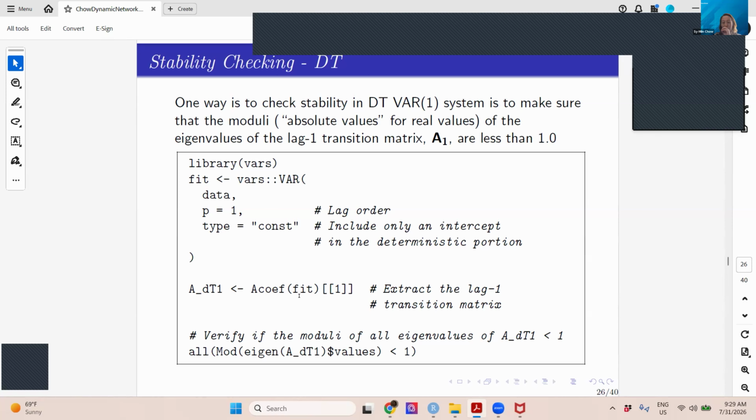I can then check for the stability of the system by calculating the moduli, so the absolute values, if you have eigenvalues with real values, just checking to make sure that the moduli of all of the eigenvalues of this transition matrix are less than 1 in value, right?